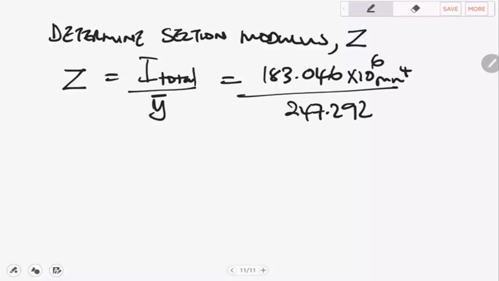Right. What are we going to get? Do it like this. Write that expression as it is: 183.046 times 10 to the power 6 divided by 247.292. We'll cancel out these ones later.